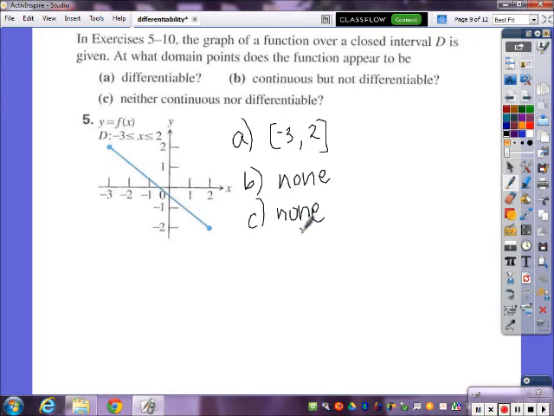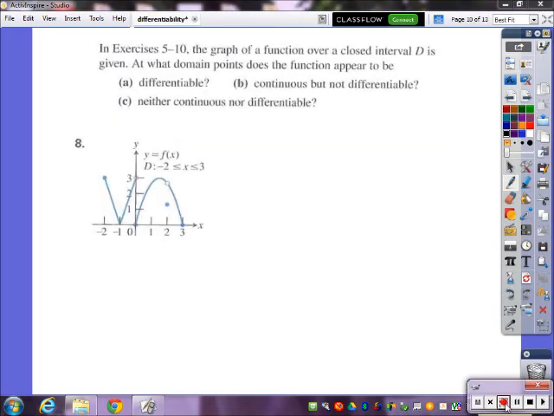Now let's look at one that's actually a little more interesting. In this one, it's the same set of directions, but the graph is much different. So on what domain points is this function differentiable? If I look at the graph, I see that I have a corner at x equals -1.